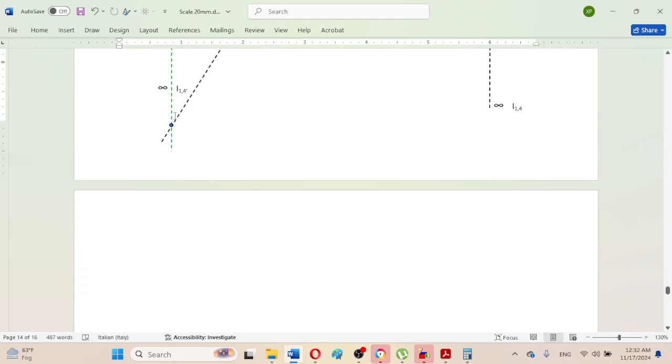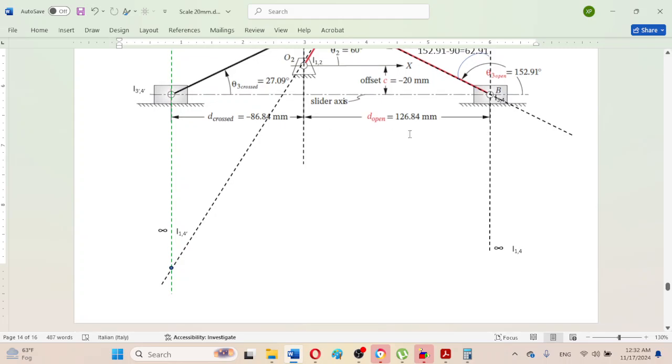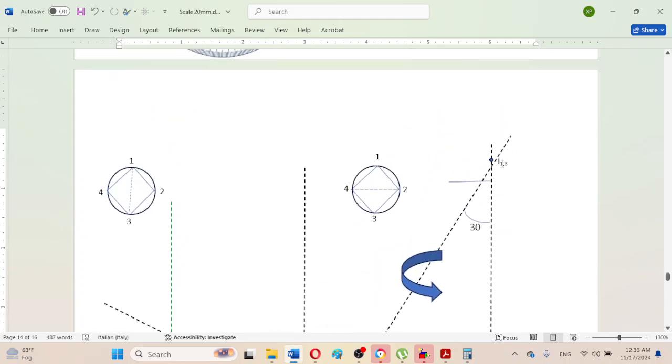This is the instant center. I can just copy this label from here.